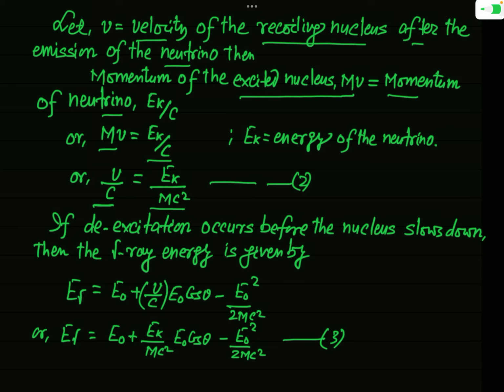Now if de-excitation occurs before the nucleus slows down, it means the nucleus is moving with same velocity v, but it gets de-excited by emitting the gamma photon. So what will be the energy of the gamma ray emitted in this process? From energy conservation principle, E gamma will be equal to E naught plus v by c into E naught cos theta.